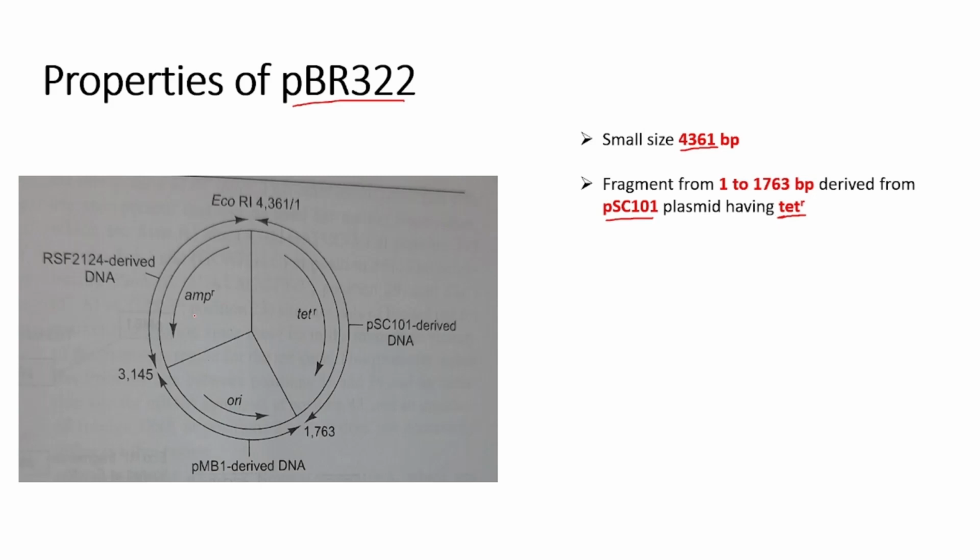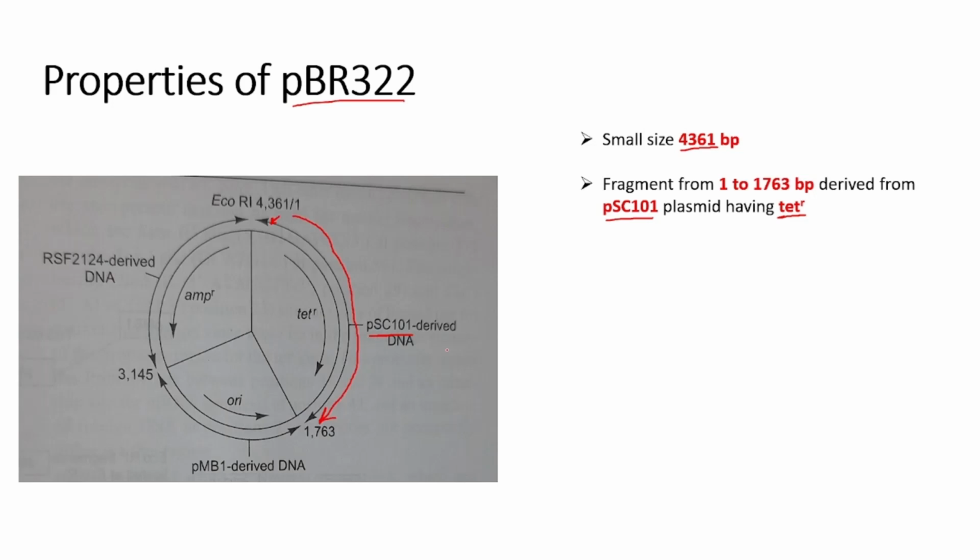On the left hand side you will find this is where the first base pair position of pBR322 starts, and from here up to this position is the 1763rd base pair. So base pairs 1 to 1763 of the pBR322 plasmid vector have been derived from pSC101.